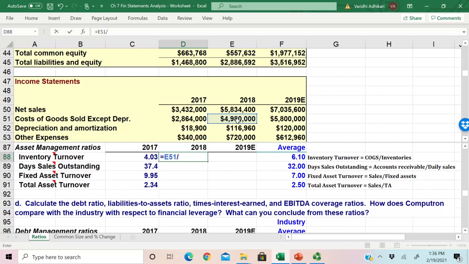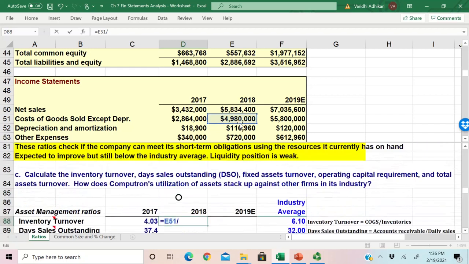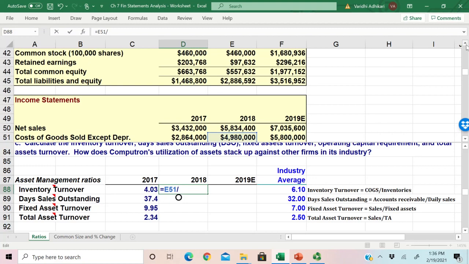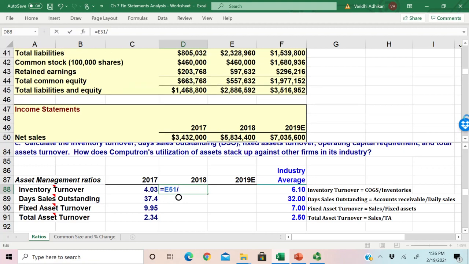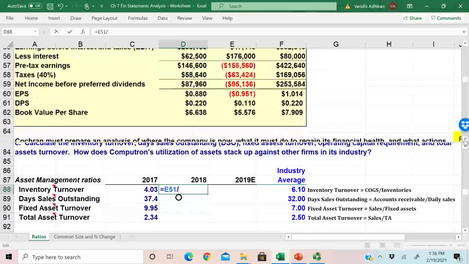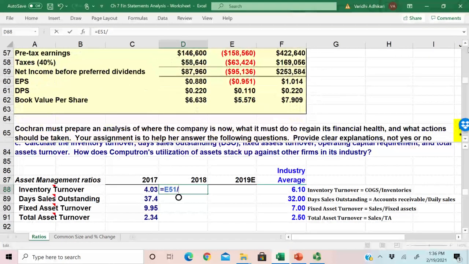Divided by inventory. So this is not sales, but how much they bought and paid for to manufacture it. So cost of goods sold divided by inventory tells you how many dollars worth of stuff they keep in their inventory on average. That's a static item, a snapshot item that comes from the balance sheet.